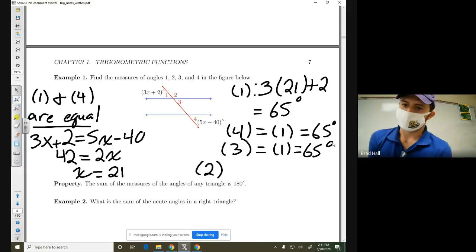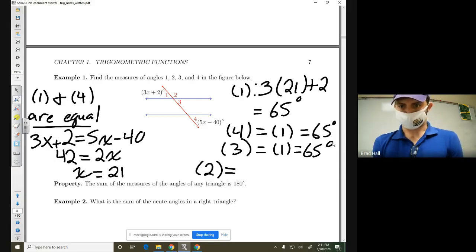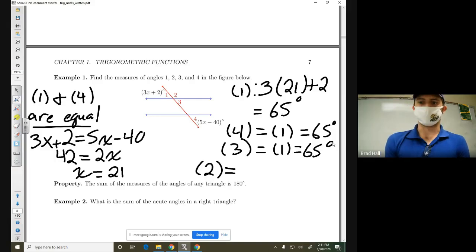So the association with angle 2 is, well, it is supplementary to angle 1, or equivalently, it's supplementary to angle 3, just by virtue of the fact that they correspond in that particular way, and their sum gives you a straight angle, as we called it.